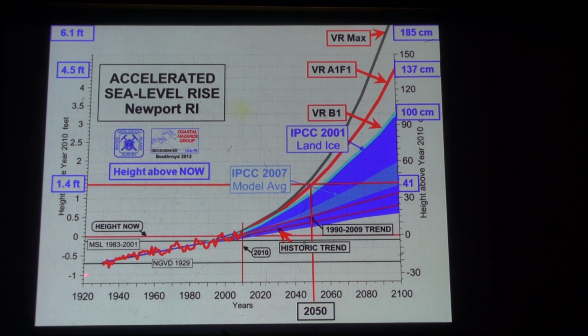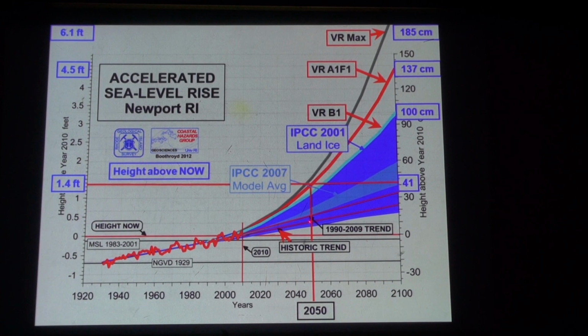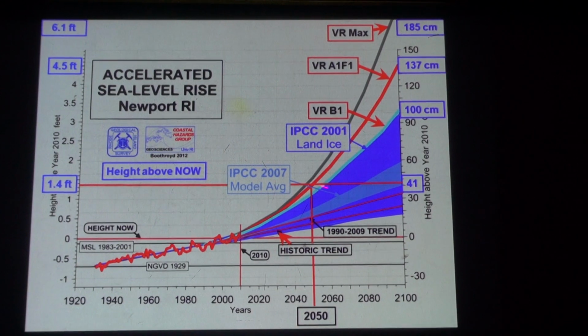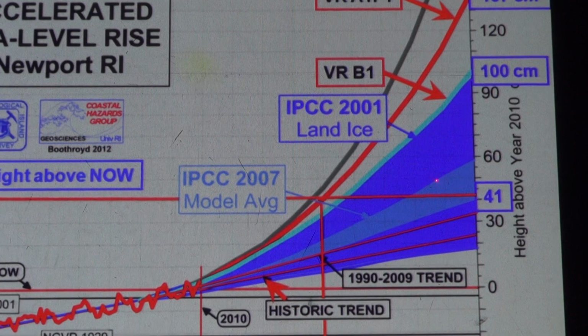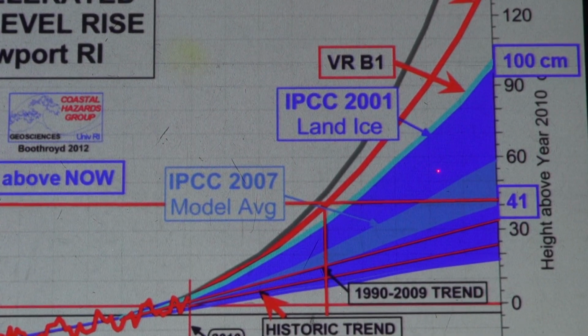This is a historic curve right here, and if you carry that out like this, it would go out to there, and get to here in 2100. In 2050, it would get to here. And this is what you have to do by law in North Carolina. You can't talk about this other stuff. Right here, this is the IPCC 2007 model average. This is the land ice with land ice in there.